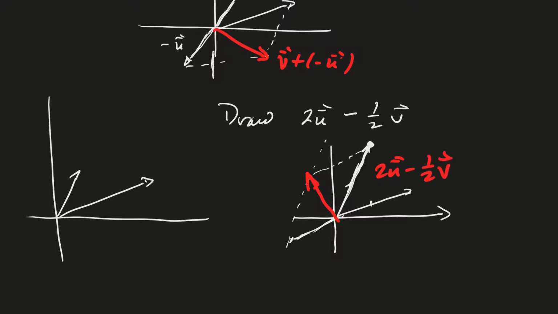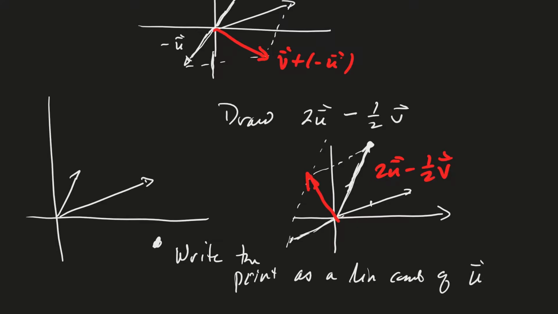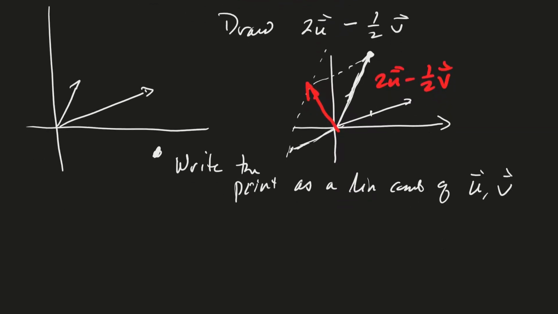Good. Now, I wanted to say, alternatively, suppose that I did something like this. Here's a point. I want to write the point as a linear combination of U and V. Okay, so how would I do that?